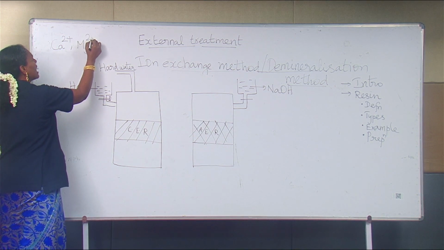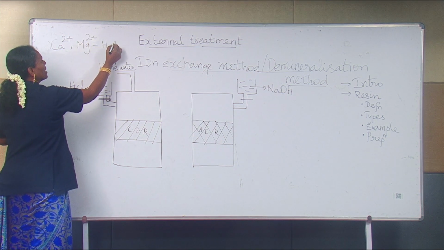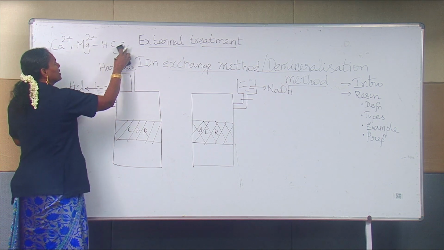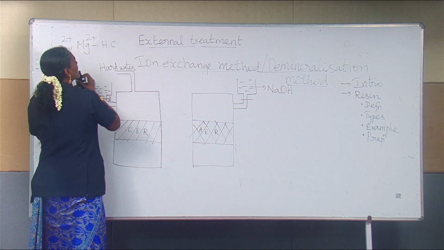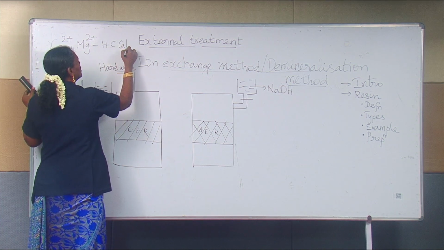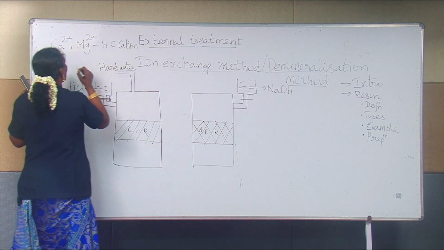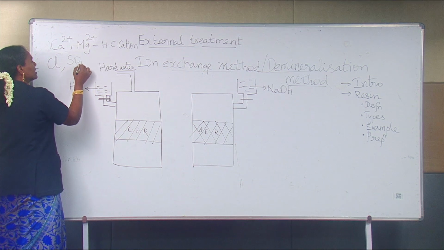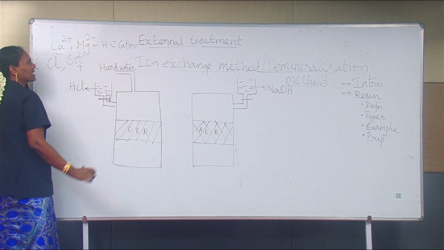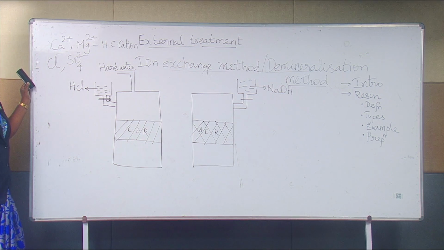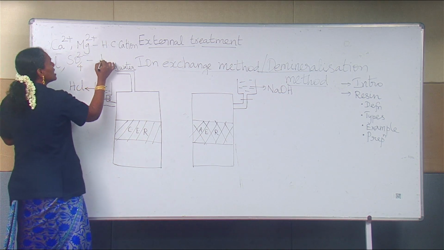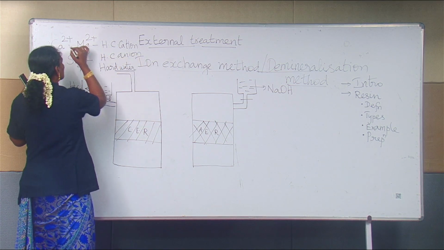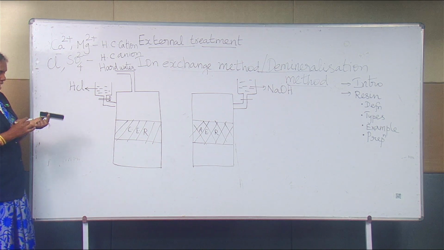These are positively charged ions, hardness causing cations. Hardness causing anions, you can write Cl-, or a sulfate anion, carbonate anion, anything. Here I will write two examples. These are present in the hard water.